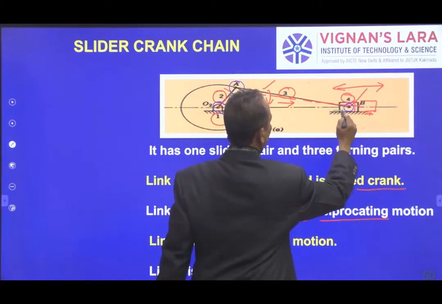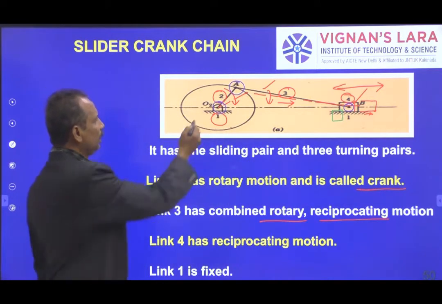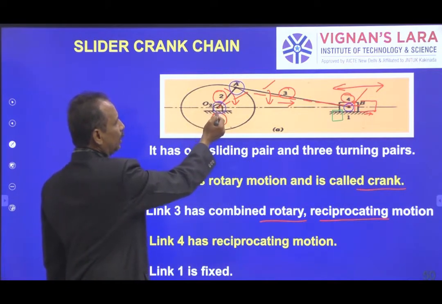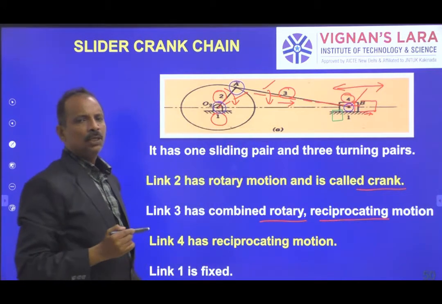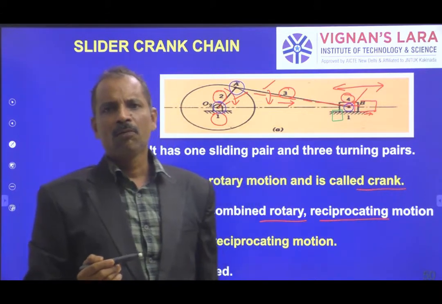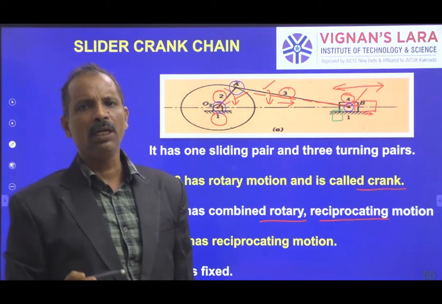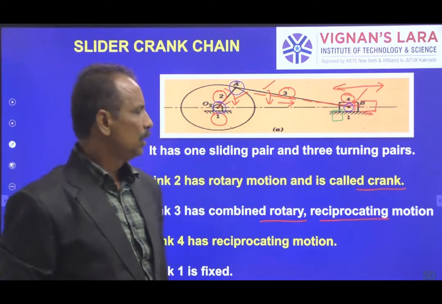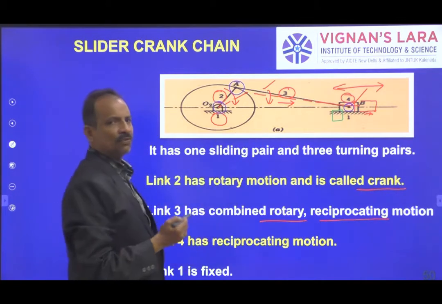One thing to note is that link 1 is fixed. You are aware that if you want to get a mechanism, we have to fix one of the links in a kinematic chain, only then does it provide a mechanism. So here I have taken link 1 as fixed.